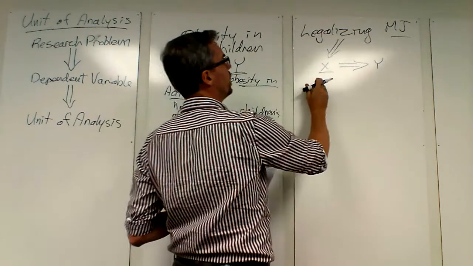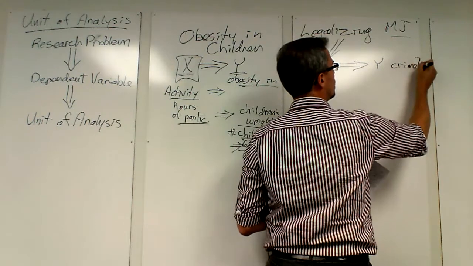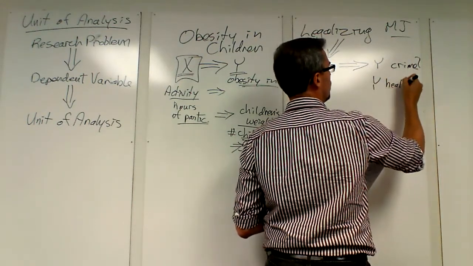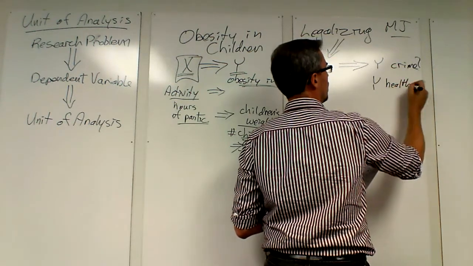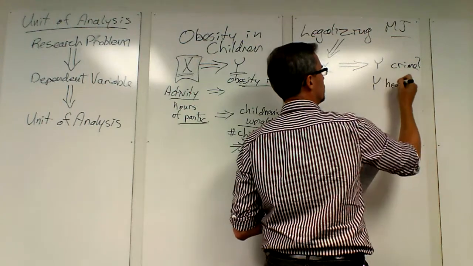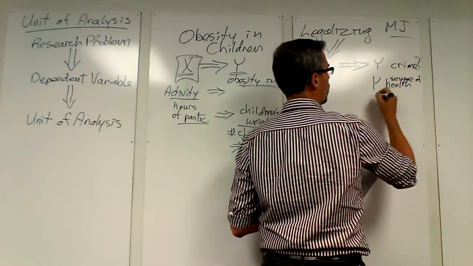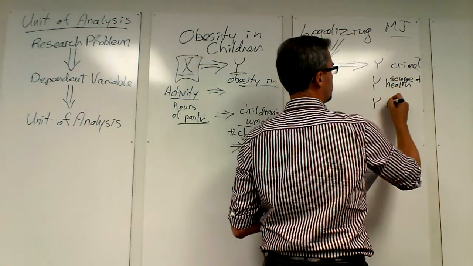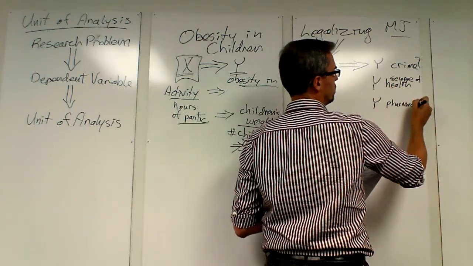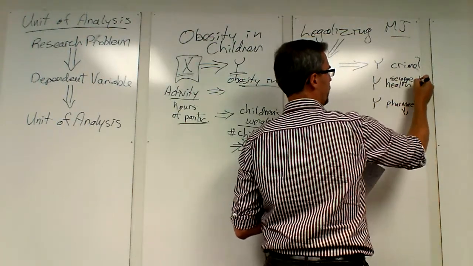If we legalize marijuana, will crime go up? Will health go up? A sense of health, or would pharmaceutical use go down? So we would say sense of health might increase.